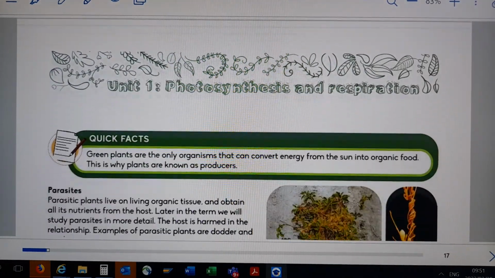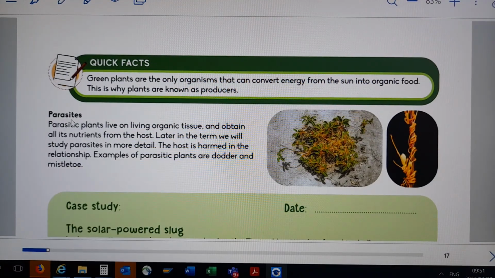And now let's look at parasites. Parasitic plants live on living organic tissue. The other ones live on dead organic tissue. And the parasitic plants live on organic tissue and obtain all their nutrients from the host.